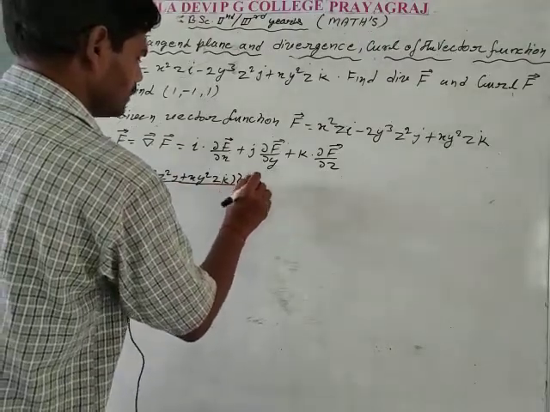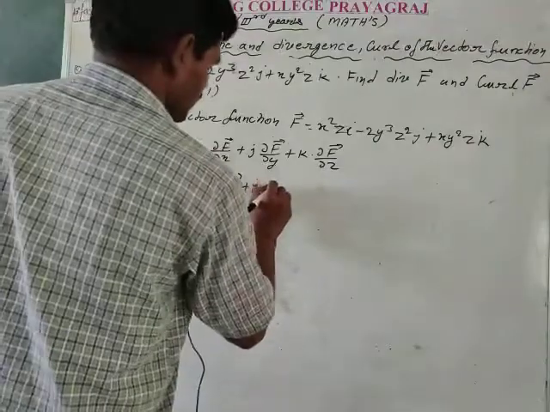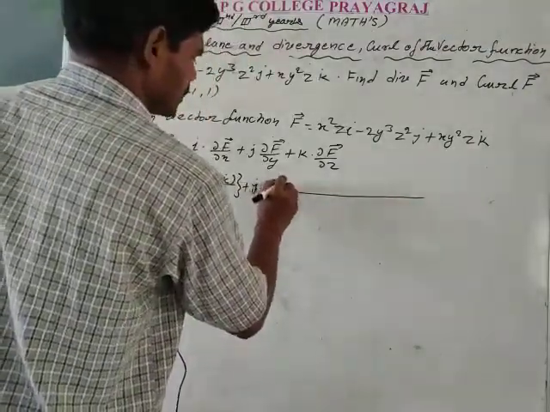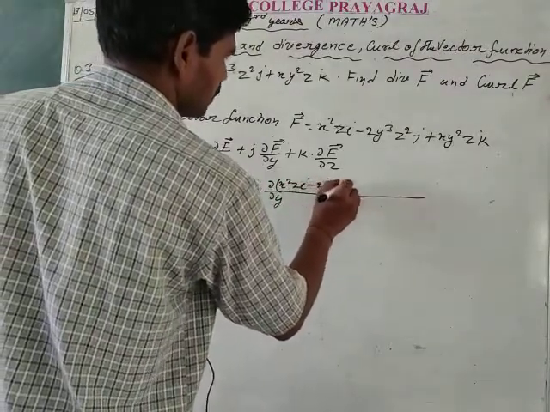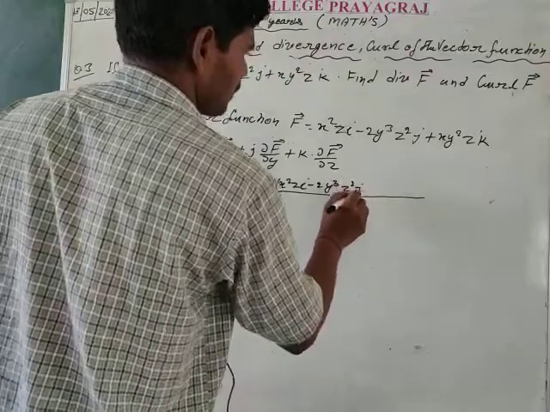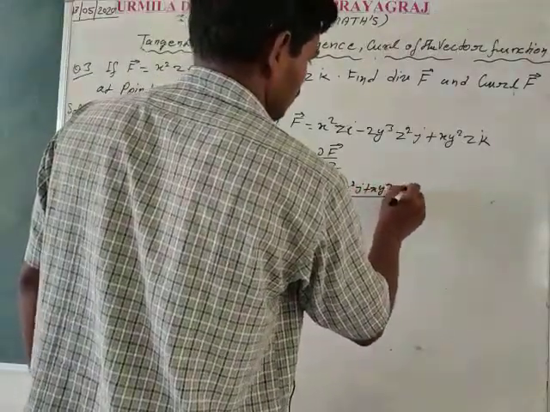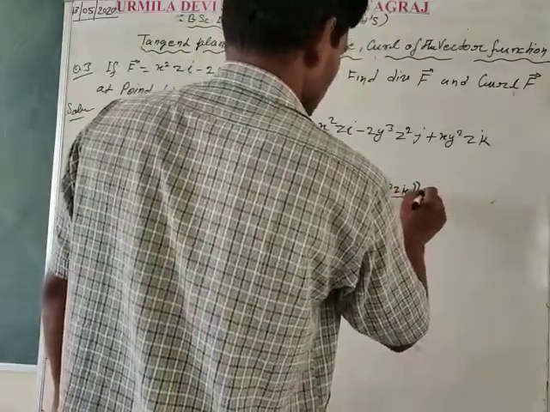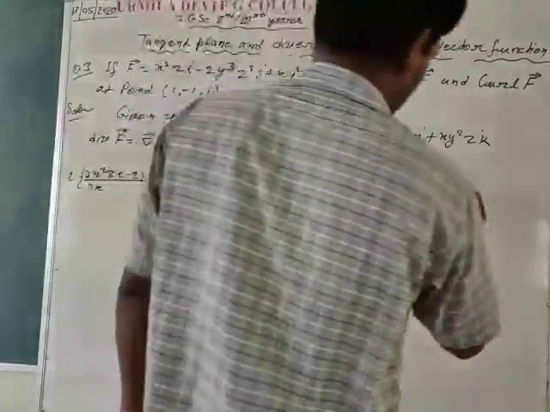plus j times dot product of del by del y, of x square z i minus 2 y cube z square j plus x y square z k, plus k dot del by del z of f.